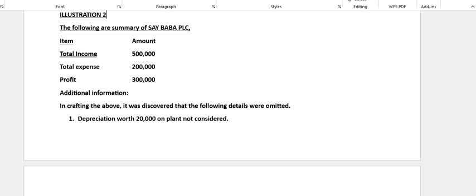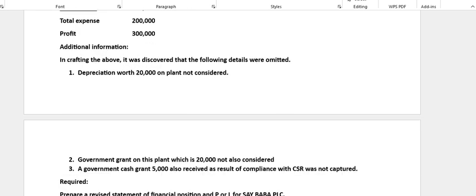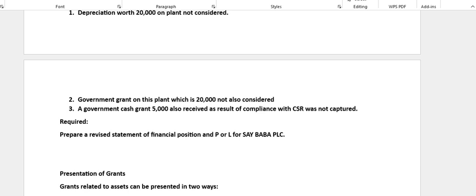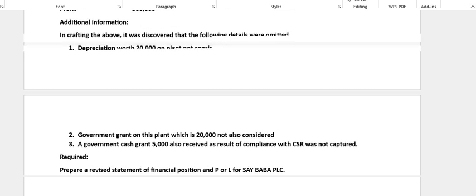Are we together? Can I go to the next page? Yes, sir. Okay. So, this is the next page. You can also snap it. Additional information required. Have you snapped it?